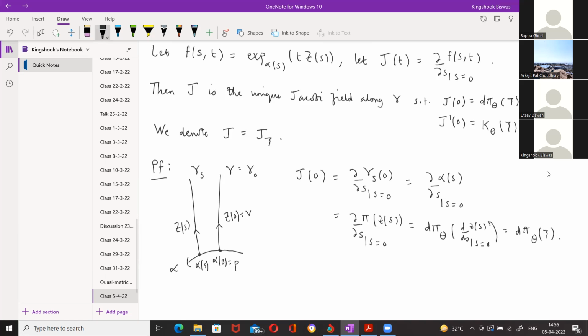Now what about J prime 0? Here we have to be a bit careful. There's a little picture also, but this is a bit harder to understand. You think of S infinitely close to 0, okay? So J is basically the arrow joining these two dots. This is J0. Now what is J of t when t is small?